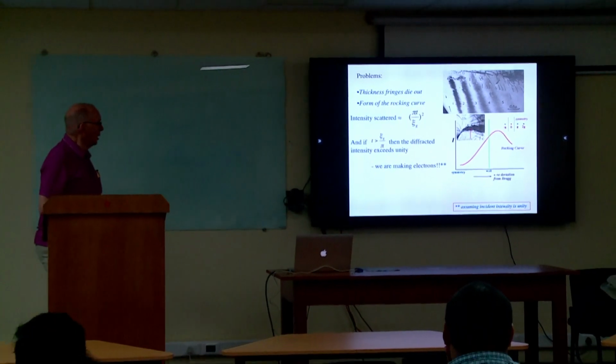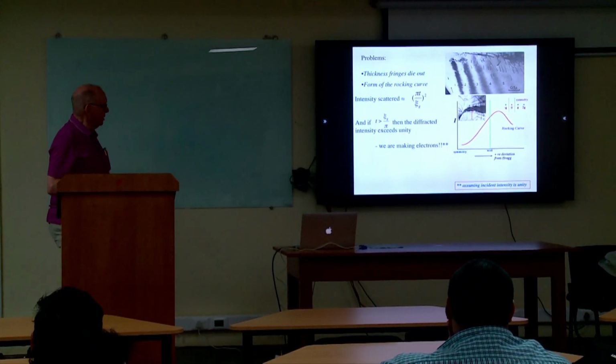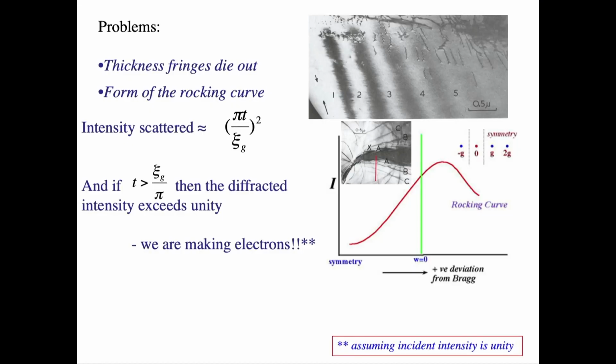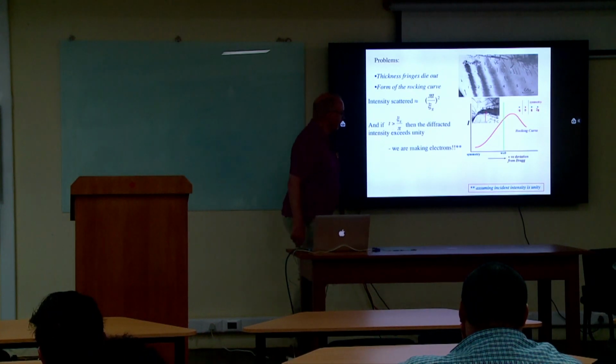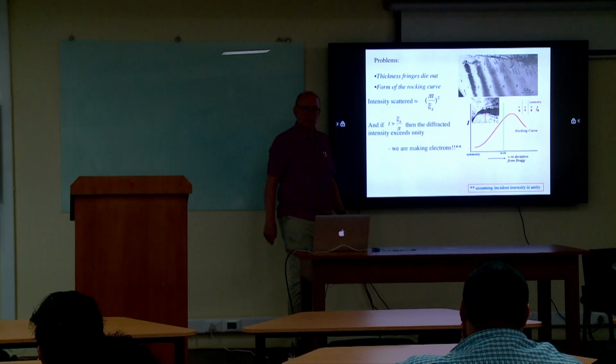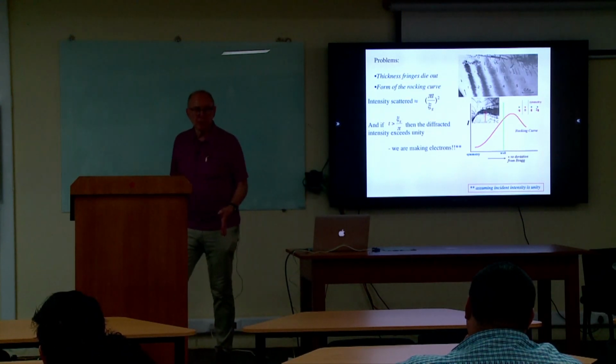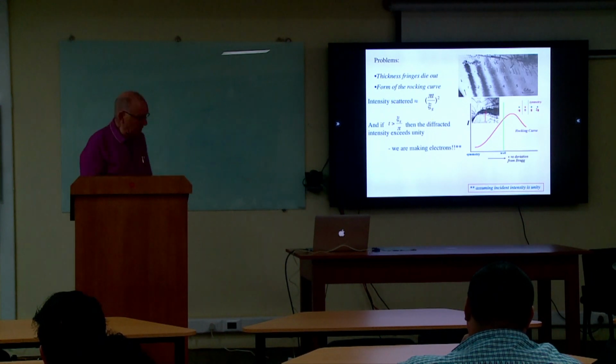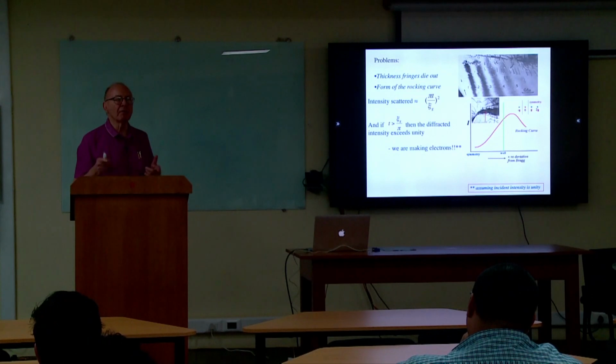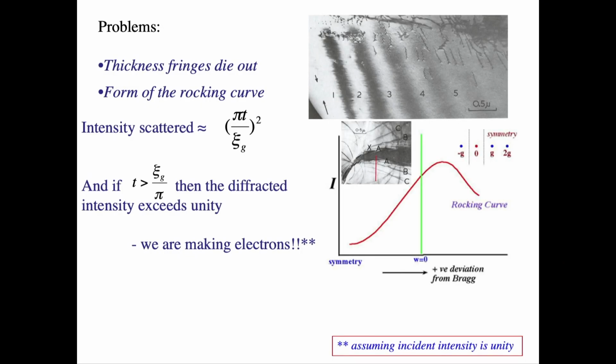So if we look at this equation, it turns out that if we exceed this number here, if the thickness gets thicker than this, then we start making electrons, which is extremely naughty, and you're not allowed to make electrons, right? So there's something wrong with this, and it says that the kinematical theory, what I call the geometrical theory, is valid for very thin foils.